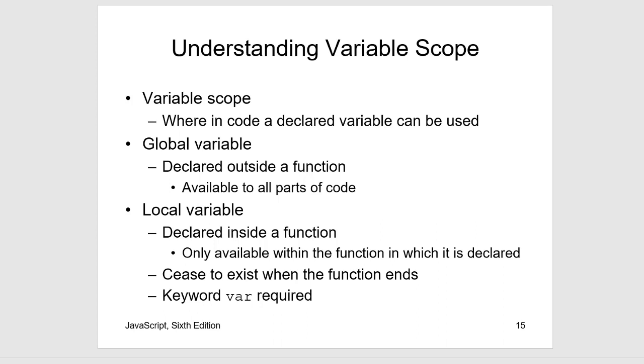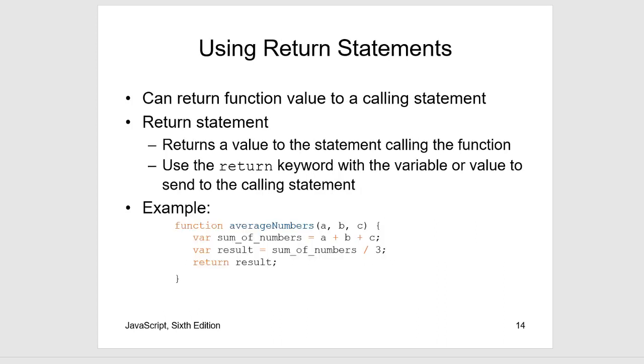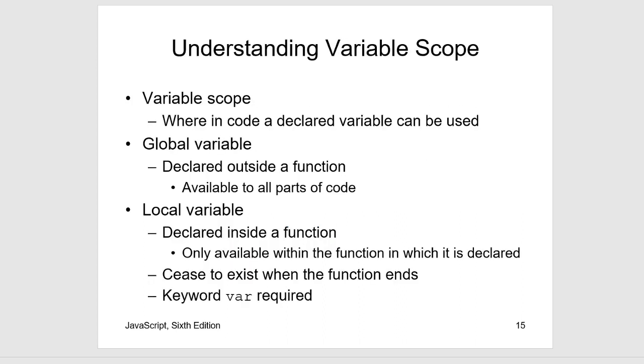When a function is running, any variables that were declared, such as sumOfNumbers, are only available in that local area where they're used. In other words, when the function is not running, sumOfNumbers does not exist. The opposite of local variables is global variables.